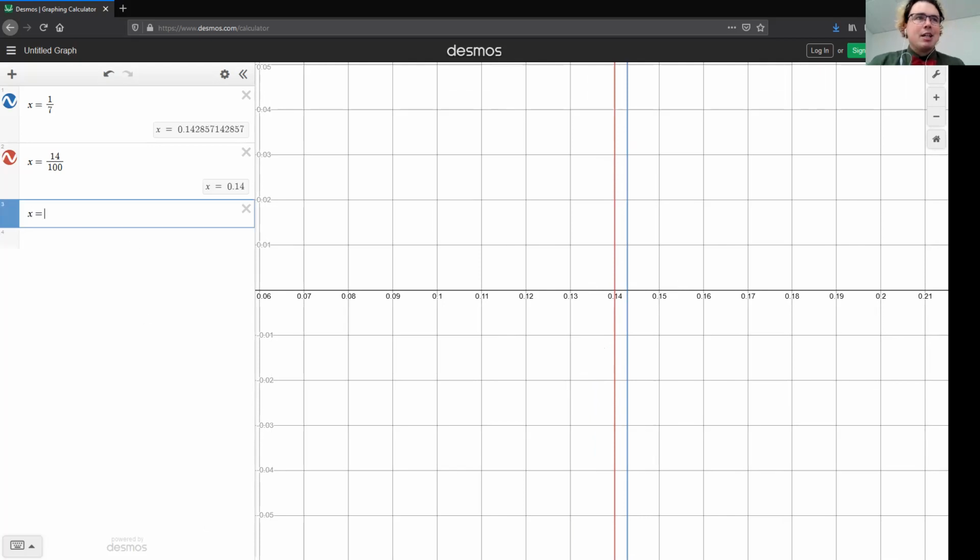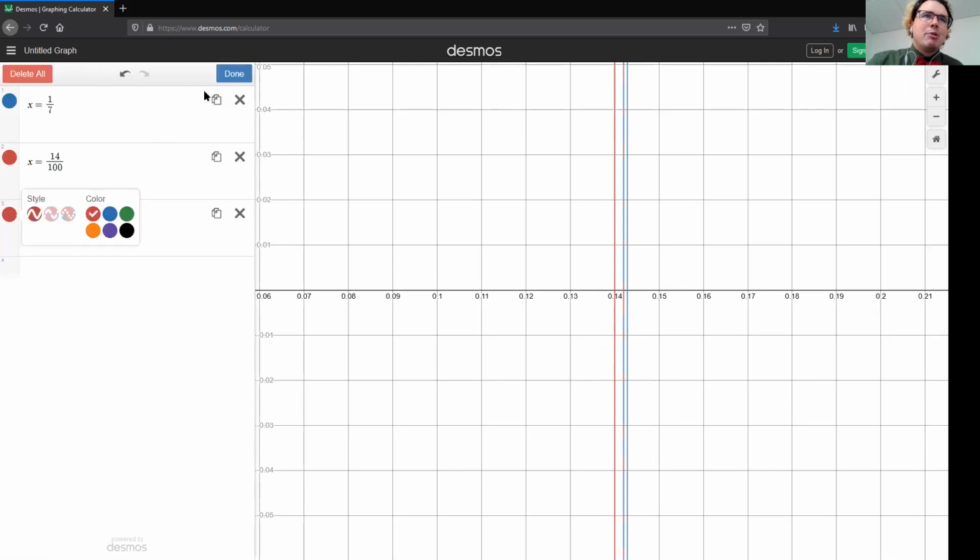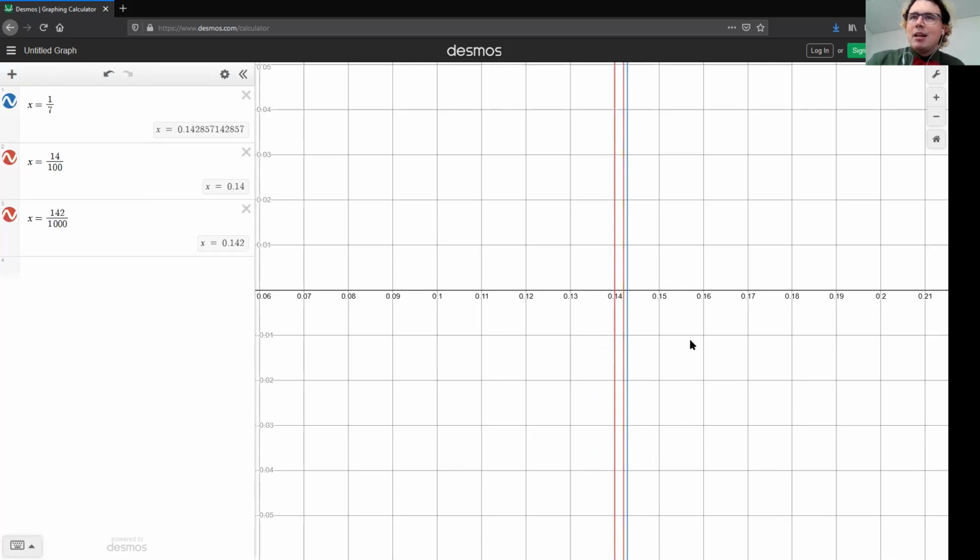Well, what about x equals, let's say, 142 on 1,000, or x is 0.142. Okay, well, that gives me another line. I would prefer that line to be red, please. Thank you. Well, that line I can now tell is different from 1/7, but only at this zoom, right?